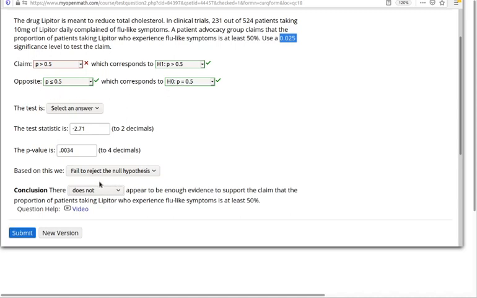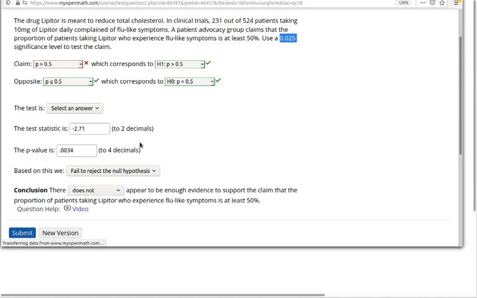So if I submit this, my fail to reject the null hypothesis should be marked wrong, because that comes from the p-value and significance level, but my conclusion should be correct, because if I fail to reject the null hypothesis, that would mean there's not enough evidence to support the claim.